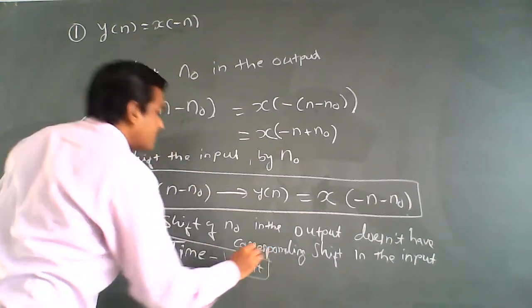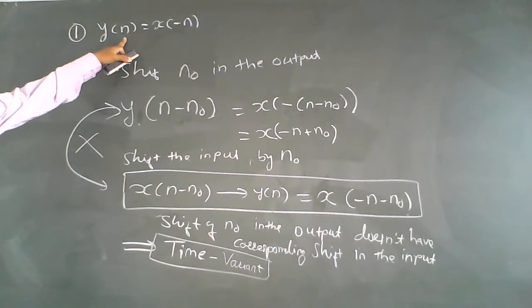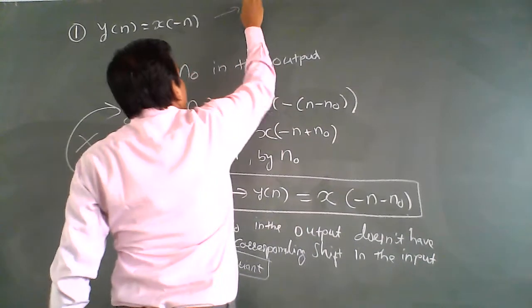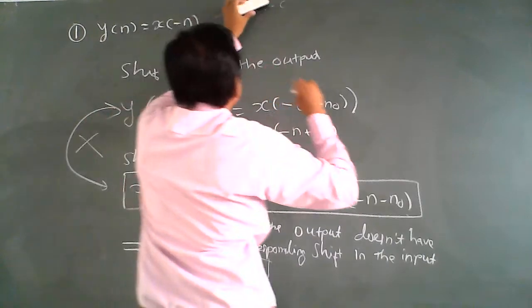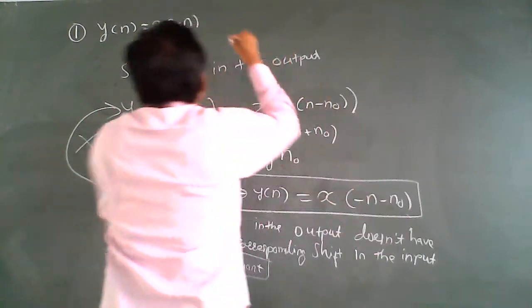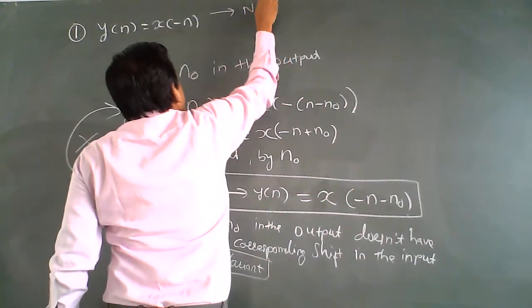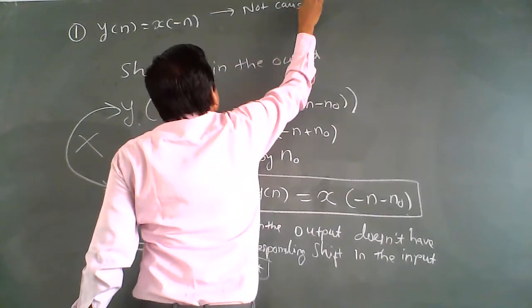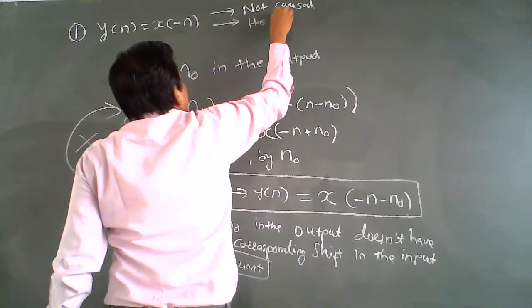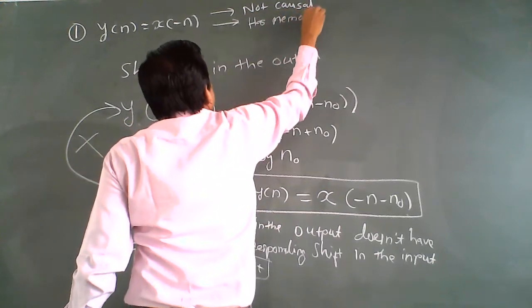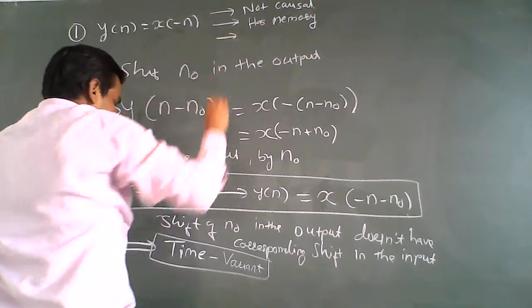So for this particular system, we have checked that the system is non-causal, the system has memory, and third, the system is time variant.